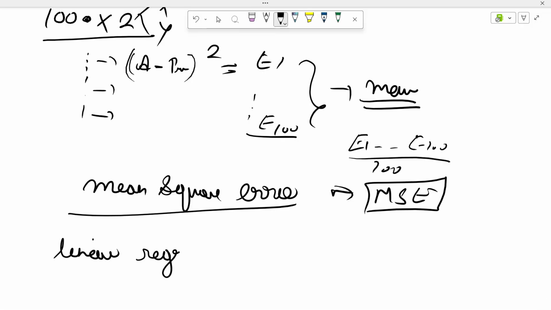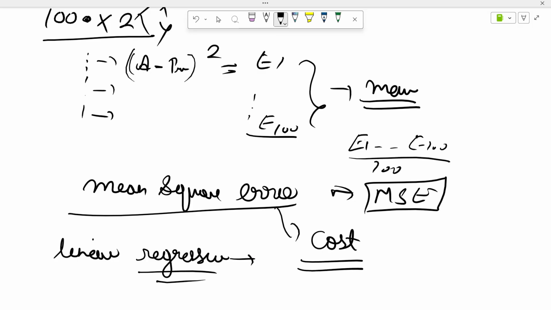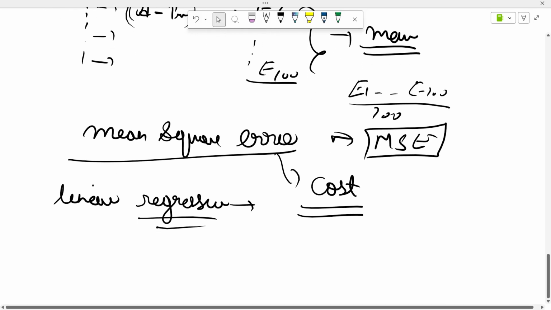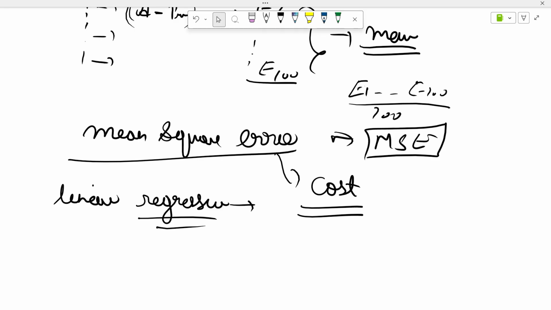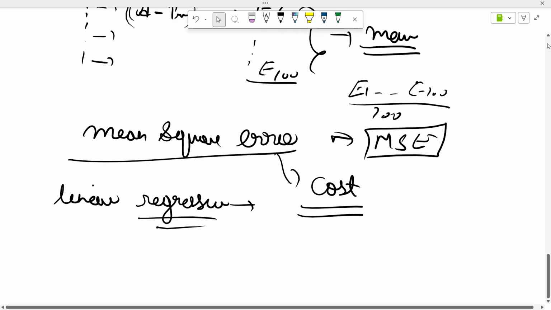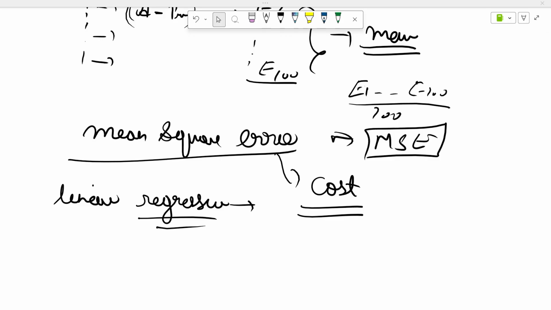For linear regression, mostly we will use this error. And this is what the cost function is. The cost function is a mathematical function to calculate the error, to interpret how good your model is.